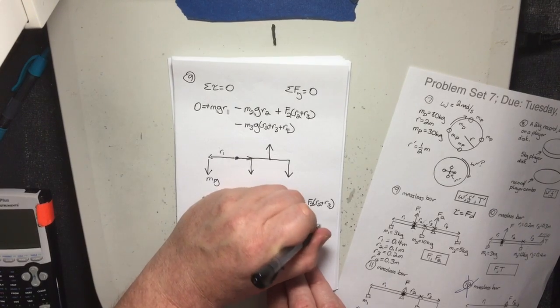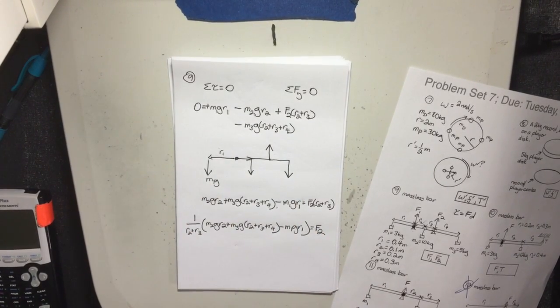And so that's F2. So it's just algebraic manipulation now.